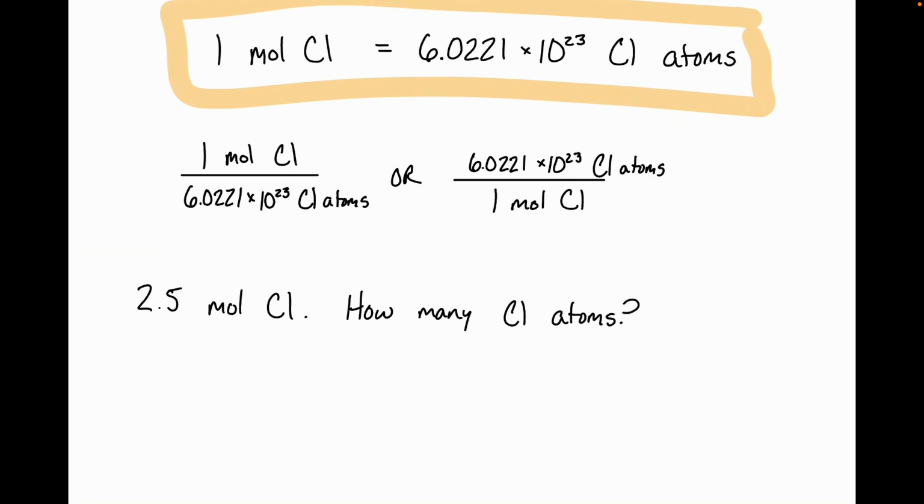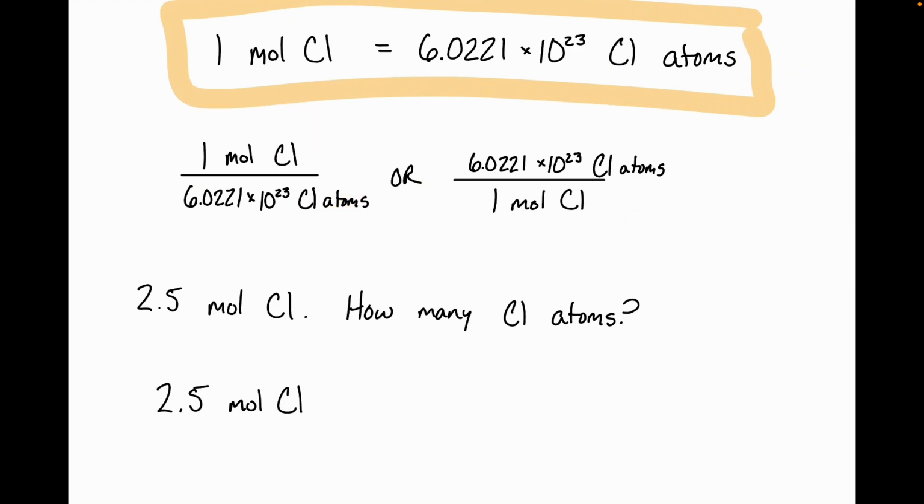Well, we're going to take one of these conversion factors that we use, and we're going to use it to cancel out our units just like we did before, right? Same game that we're going to play over and over again in this course is setting up these problems in such a way where we're paying very careful attention to our units, and our units cancel out, leaving us with what we want, right? So now I'm going to start my problem here with my 2.5 moles of chlorine, and I'm going to take one of these two conversion factors here.